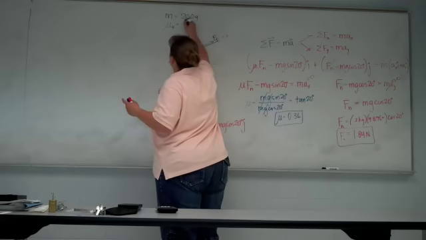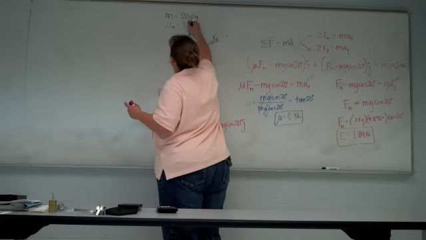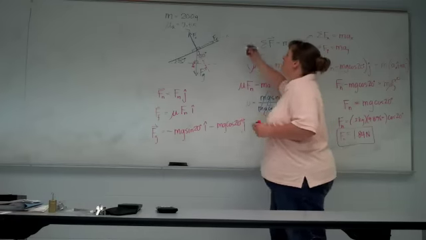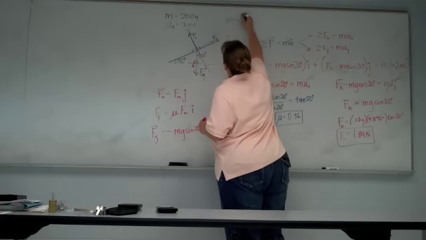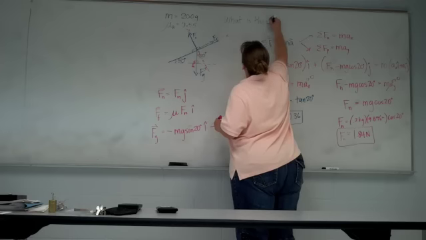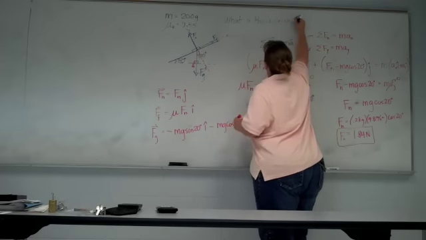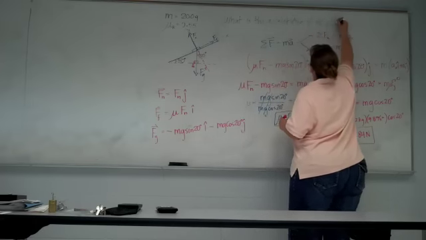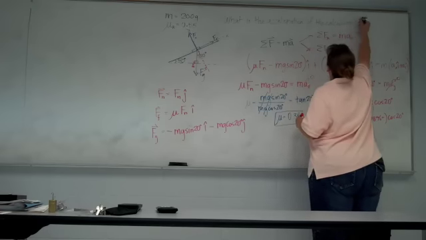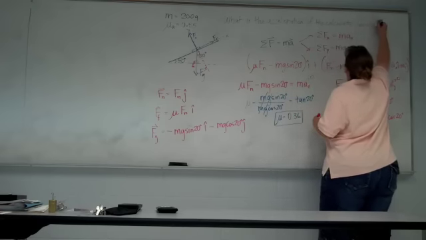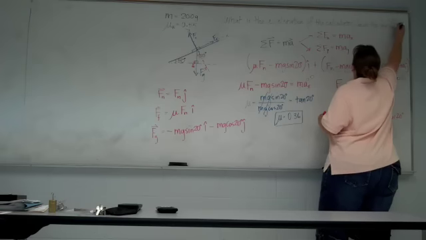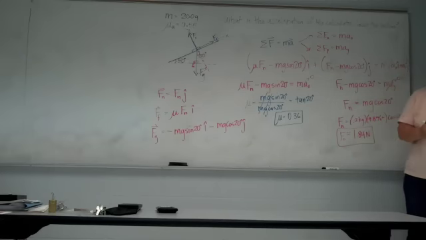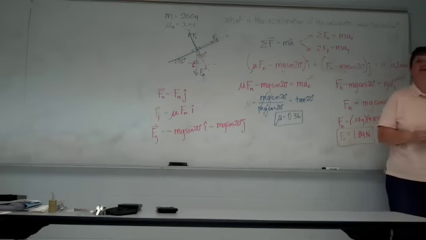So let's say it's 0.55. What is the acceleration of the calculator down the incline going to be?